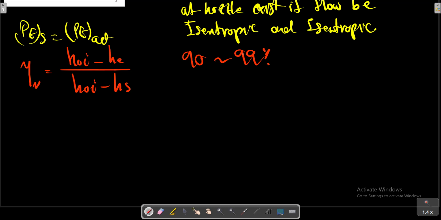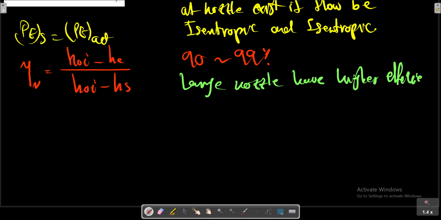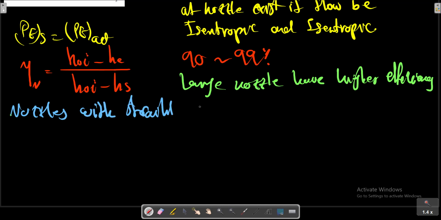Large nozzles usually have higher efficiency than small nozzles, and nozzles with a straight axis have higher efficiency than nozzles with a curved axis.